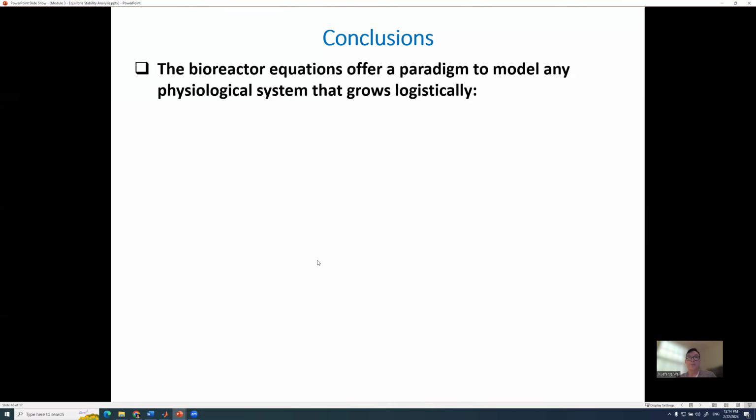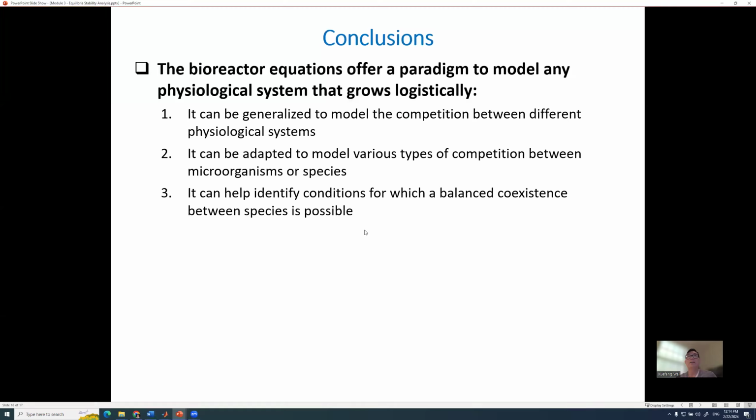So we can recap what we have learned here. There is a class of models that can be used to describe any type of process that involves logistic growth. We call this a model template that we can use for a variety of models that have mathematical similarities.